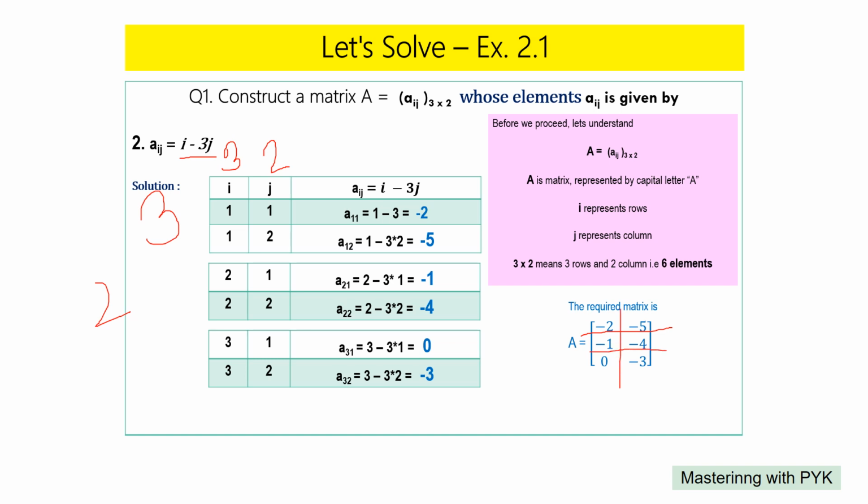So A11 is minus 2, A12 is minus 5, A21, that is second row, first column, is minus 1, second row, second column is minus 4, third row, first column is 0, and third row, second column is minus 3. So this is the required matrix. This means we are representing a matrix with the elements that have to be found with an equation.